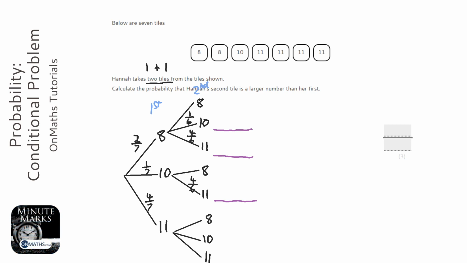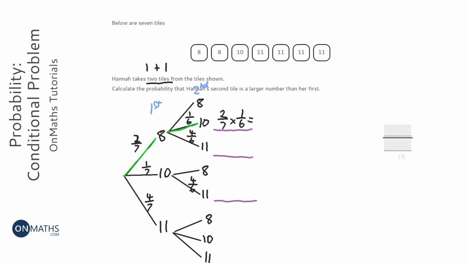Now, we work out the probabilities by multiplying the lines we went down. So let's have a look and see what lines we're going down for the first one. So we're going 2 over 7, and then 1 over 6. So it's going to be 2 over 7 times 1 over 6, times the tops, times the bottoms. Okay, next line, we're going to do the same line down here, but this time we go down here.